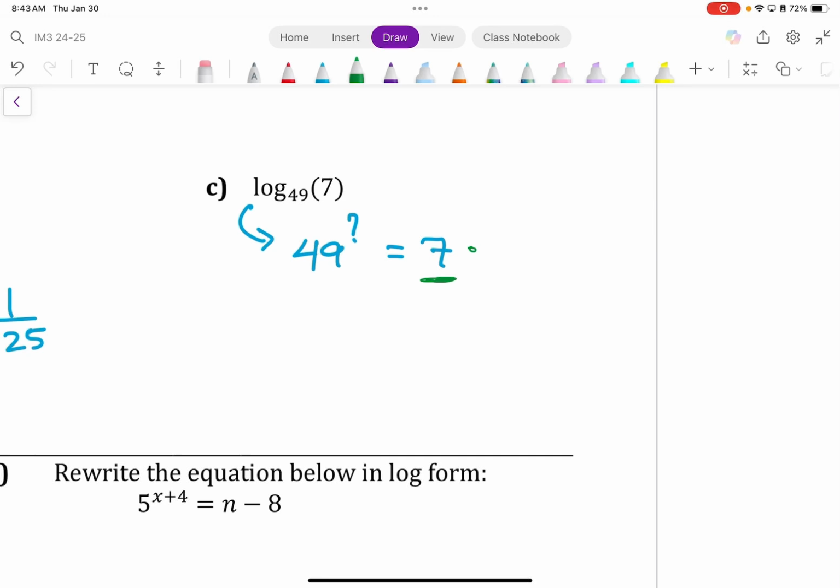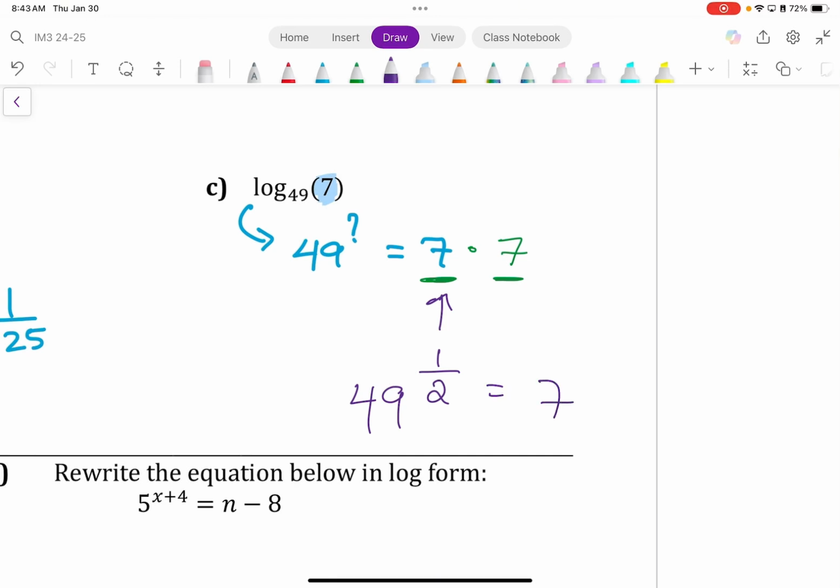I would need the 7, which is one group, and I would need another 7 to get to 49. But because this problem only displays one of these 7s, then what we're saying is that we want one of the 2 7s that we were given. And so what ends up happening is we're saying, okay, 49 was actually raised to the 1/2 power, and that is how we got our answer of 7.